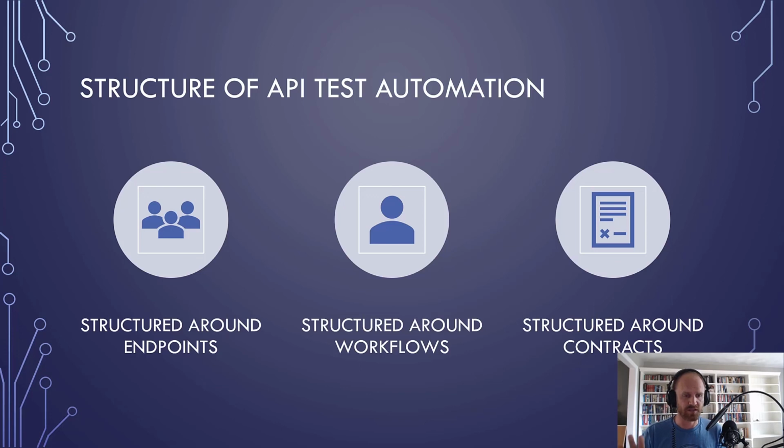And then the third way is structured around contracts. So this is where you may have a specification file like OpenAPI or something, and you can use that to kind of drive your testing, create contracts that say, when this thing happens, when this data is sent, this data is returned. And I expect that to always be true.